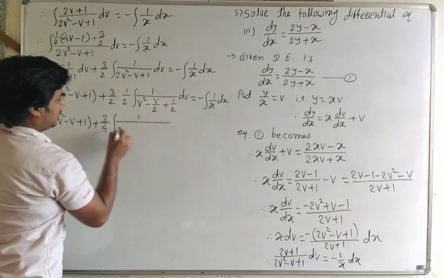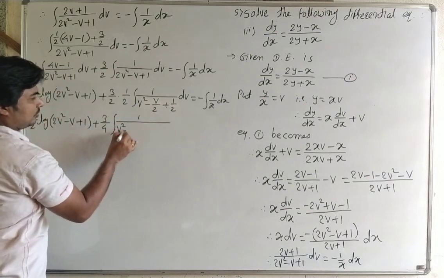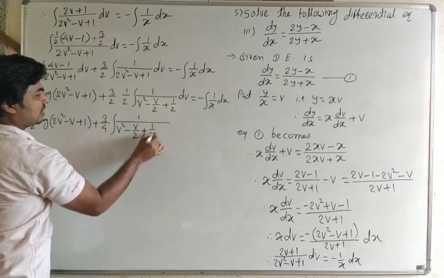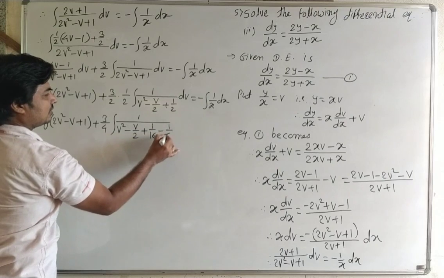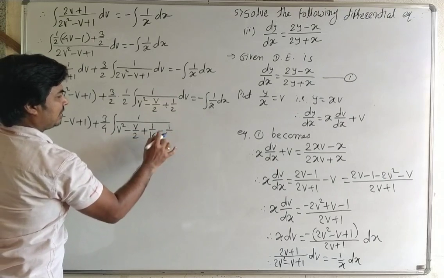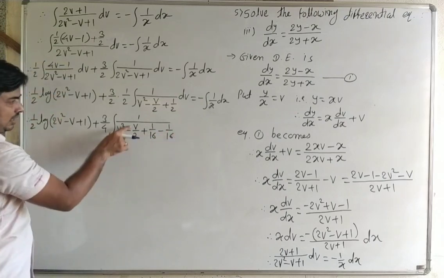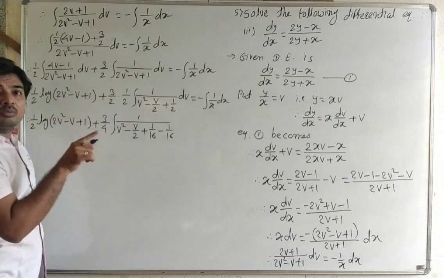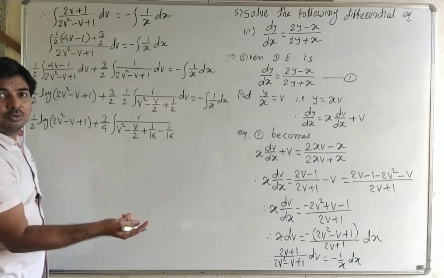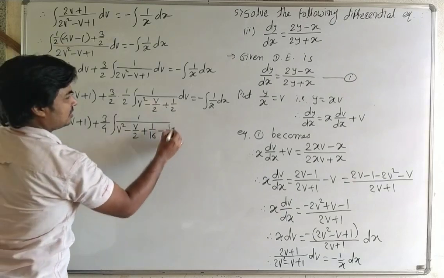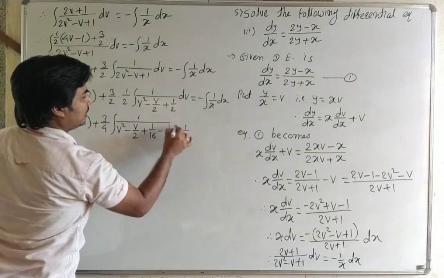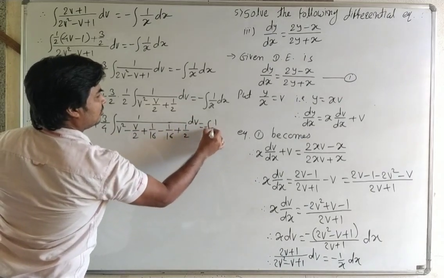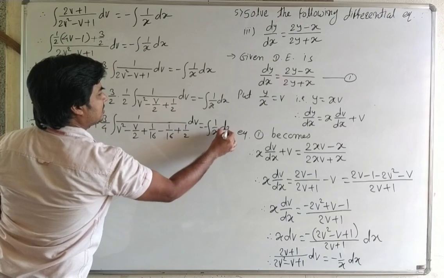So with plus minus, it is phi square minus phi by 2 plus 1 by 16 minus 1 by 16. See carefully this. Here the coefficient of phi is 1 by 2, half of 1 by 2 is 1 by 4, and the square of 1 by 4 is 1 by 16. Plus 1 by 16 minus 1 by 16, plus 1 by 2 as it is, dv is equal to minus integral of 1 by x dx as it is.